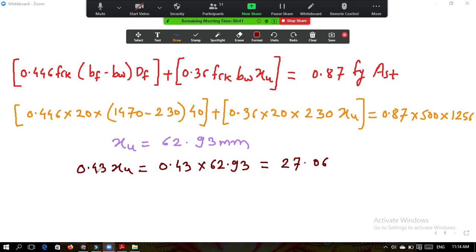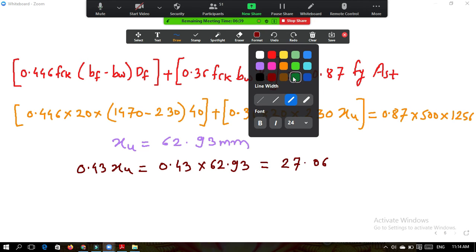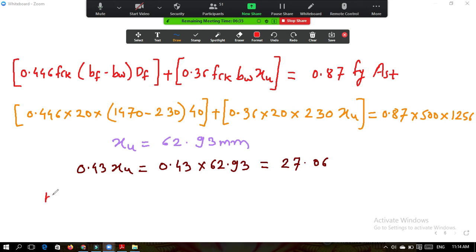Now check the condition. Here what we have got: XU is greater than DF. But what is the comparison of DF?